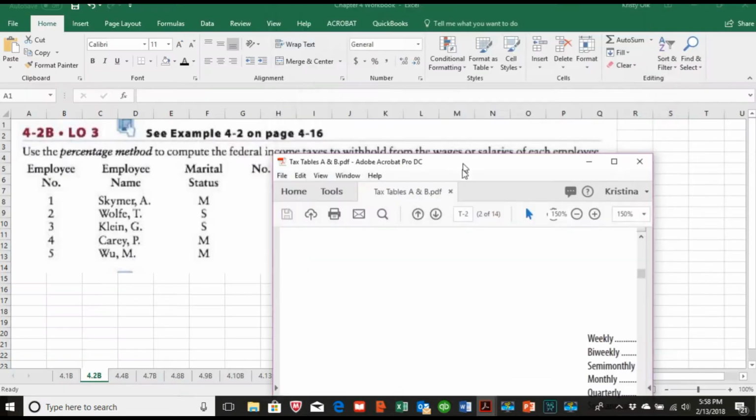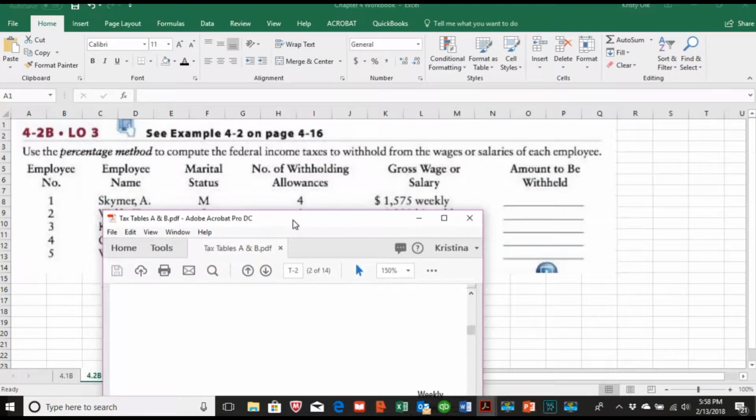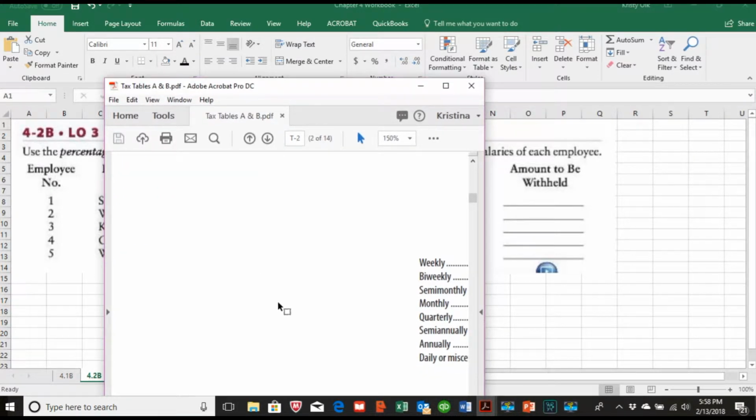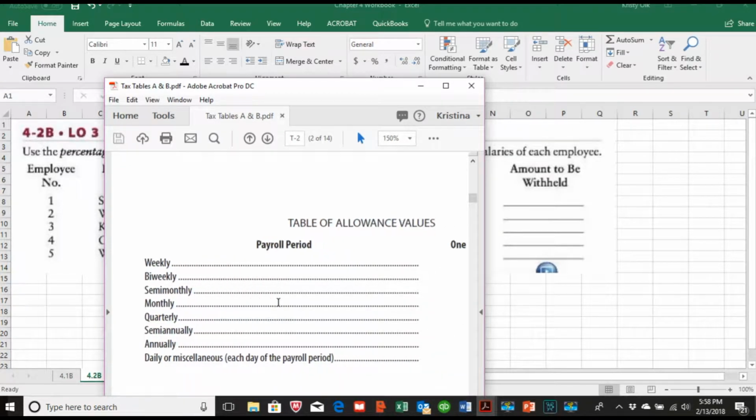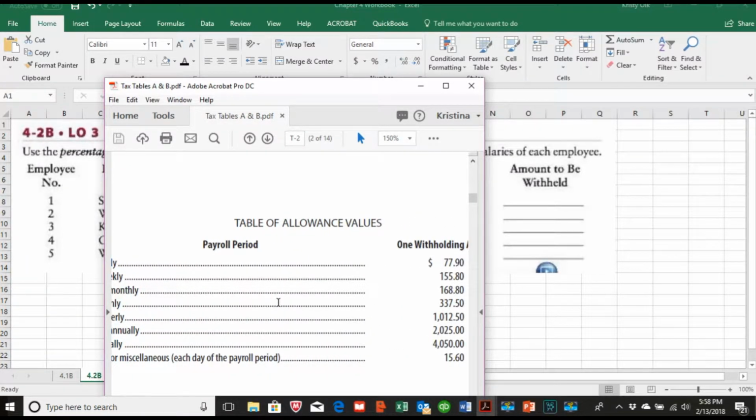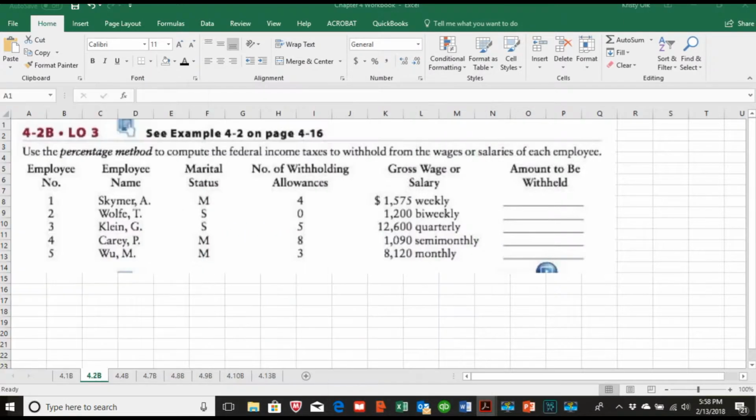So our first individual is weekly and has 4 allowances. So they are going to be given $77.90 as their allowances because they're weekly.